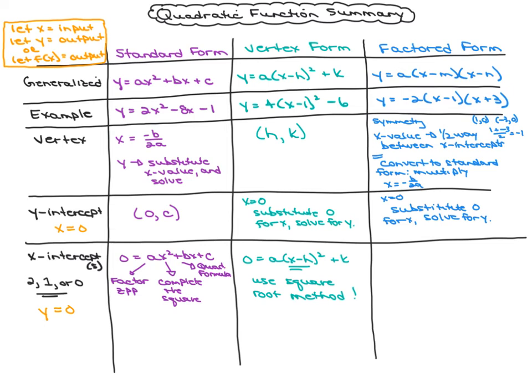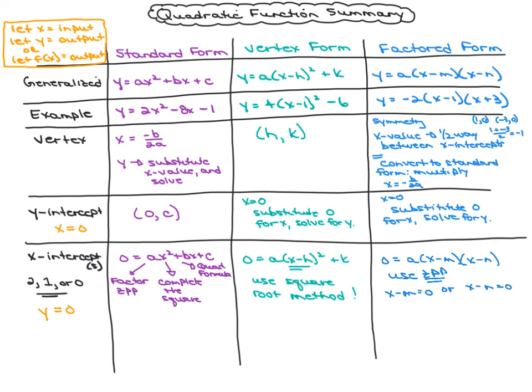Last but not least, the x-intercepts for the factored form. This is super easy. Again, y is equal to 0, so our entire function is equal to 0. And because it's already factored, we can use the ZPP. And we know that each factor could equal 0. Now you're going to see something magical happen.